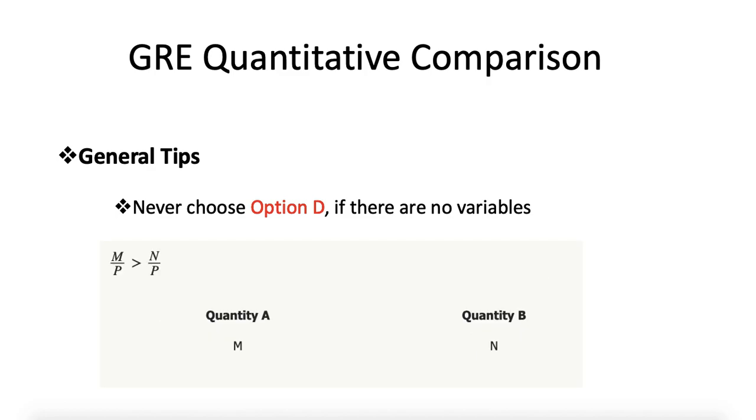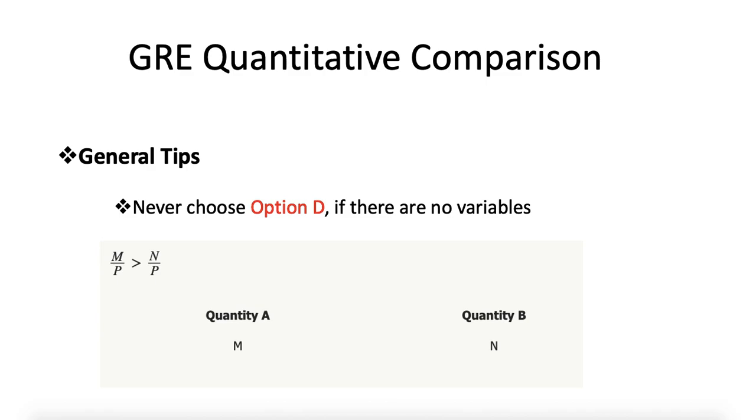The next thing to understand is when we have a variable involved, like m over p is greater than n over p. This is a bit tricky, which you will understand in the inequality part, as someone may just cancel out p and get m is greater than n. Wow, quantity A is greater.